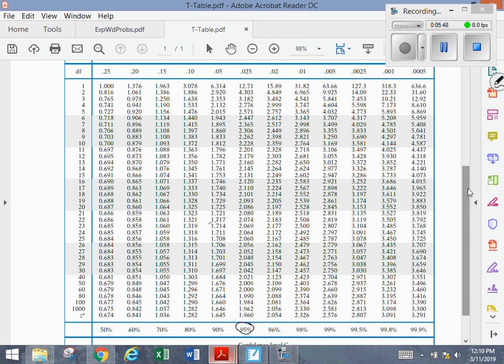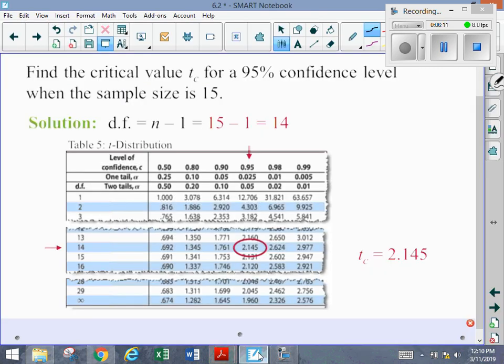Our degrees of freedom was 14, it's 15 minus 1. So we'll find where these match up. And here we are. Our critical value, t sub c, is 2.145.